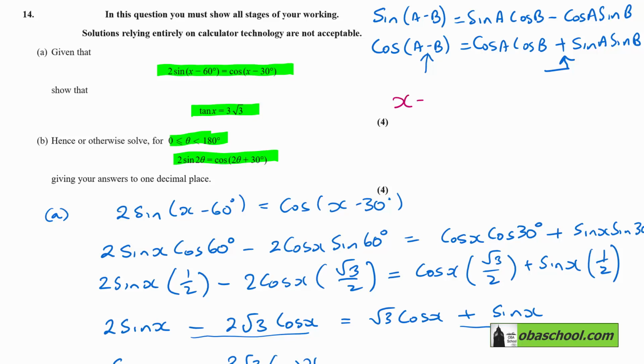If we take x is equal to 2 theta plus 60 degrees, then in here we'll get 2 theta plus 60 take 60, which is just 2 theta. And in here we'll have 2 theta plus 60 take 30, which is 2 theta plus 30. So x is 2 theta plus 60.